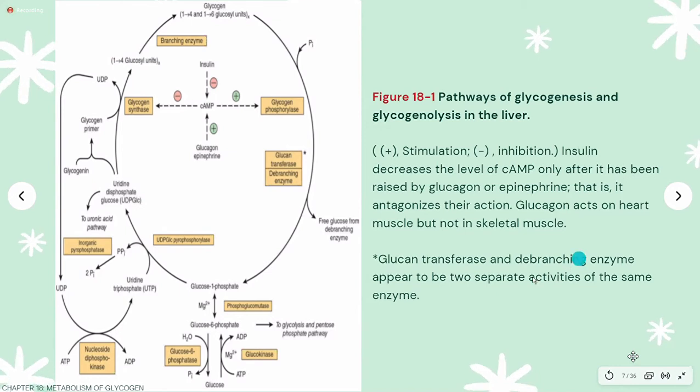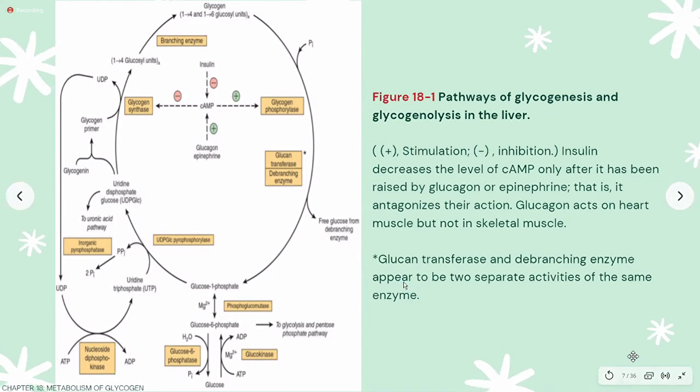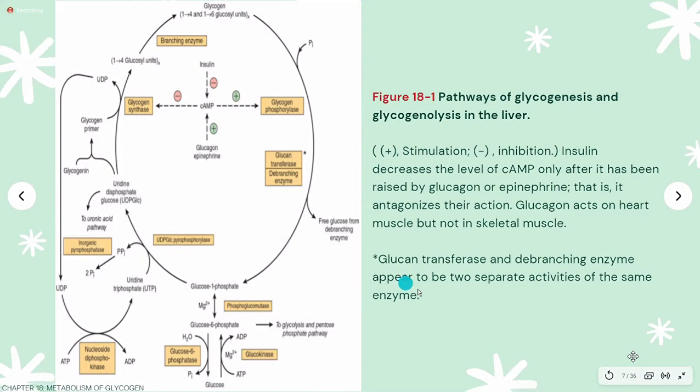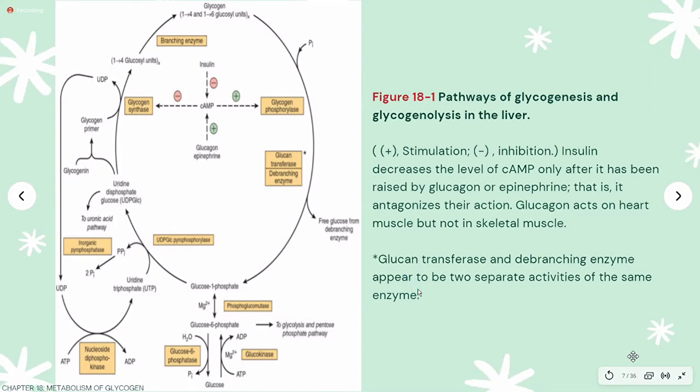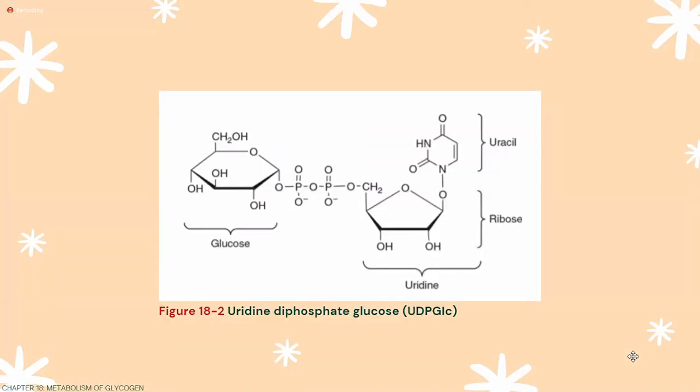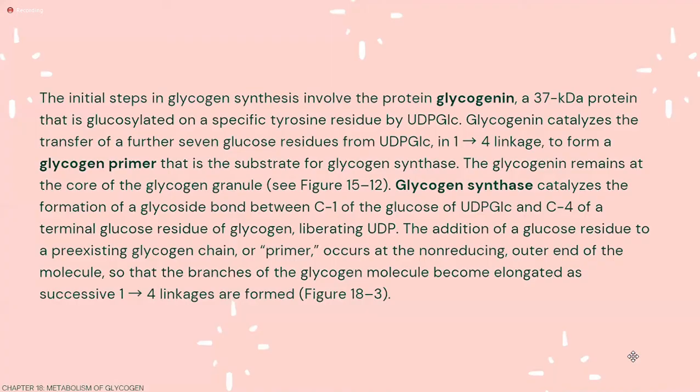But they are not too sure about it because they use the word appear to be two separate activities. They are not sure yet. How can you be very sure when you cannot see the reaction? Okay? So there you are.